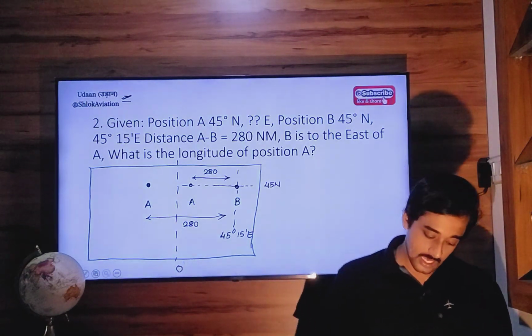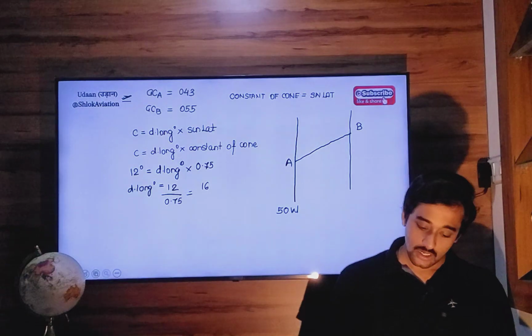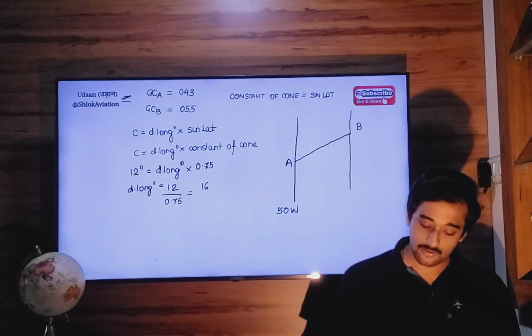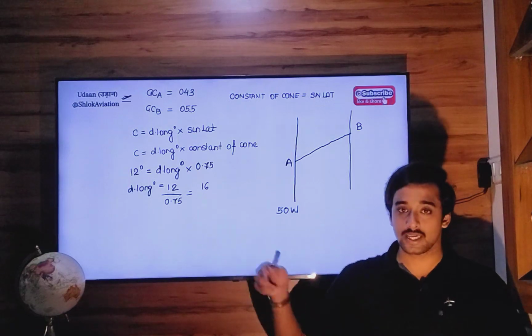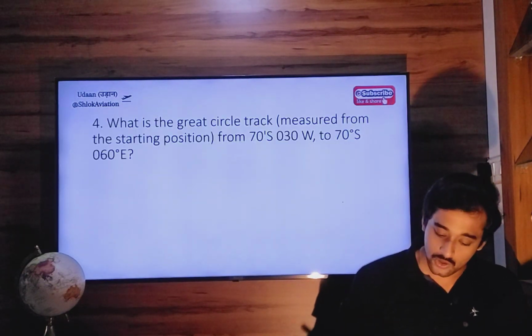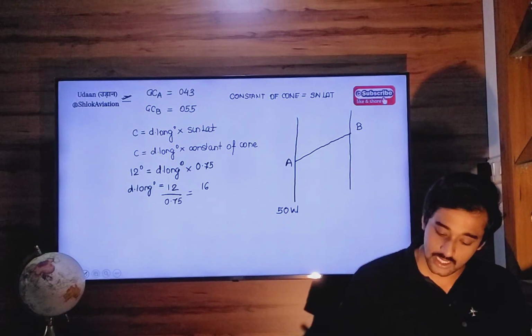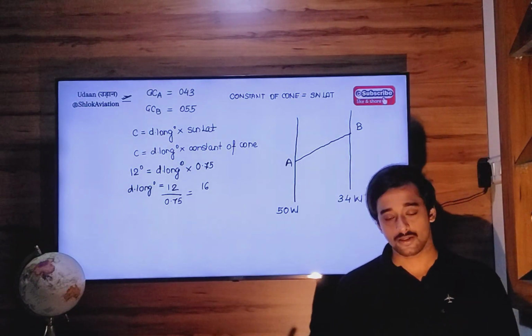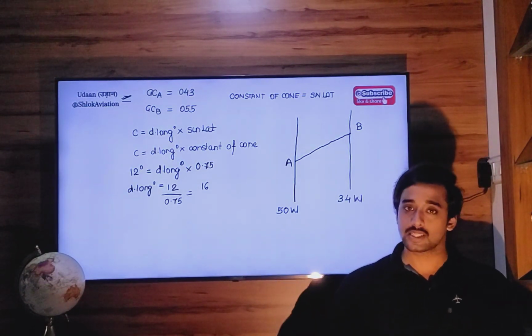So 50 west will become 50 minus 16, that is 34. So your position B longitude is 34 degree west, the difference between them being 16 degree.